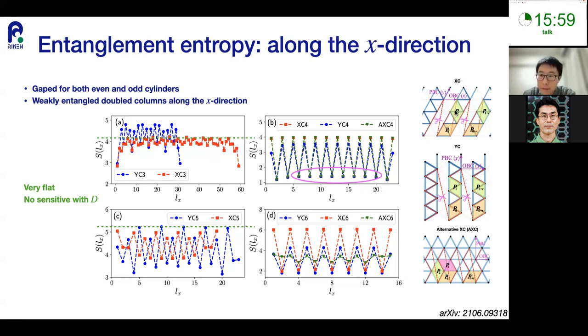So we can consider that the entanglement between two strong straps is very weak. So the ground state of this system may be considered as something similar to a product state between these straps.